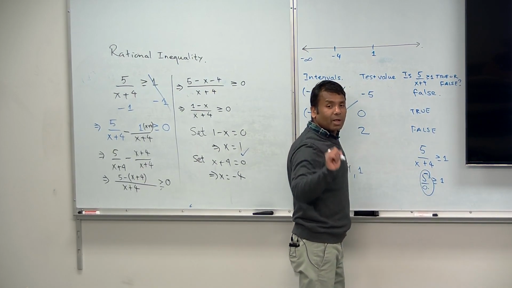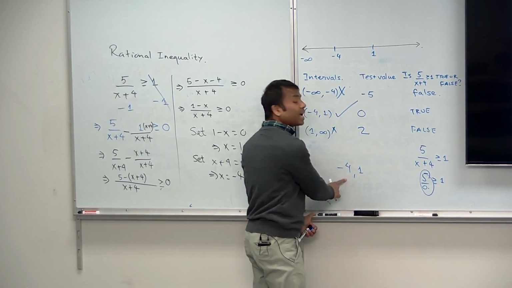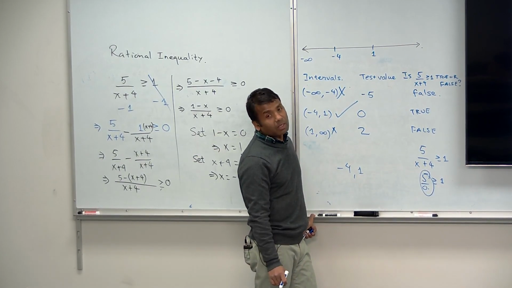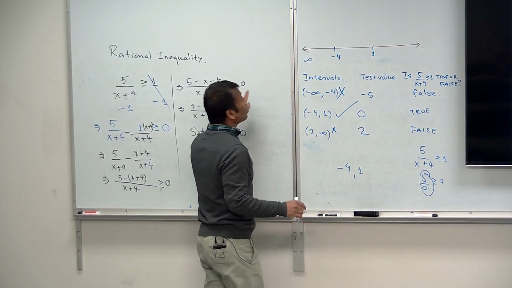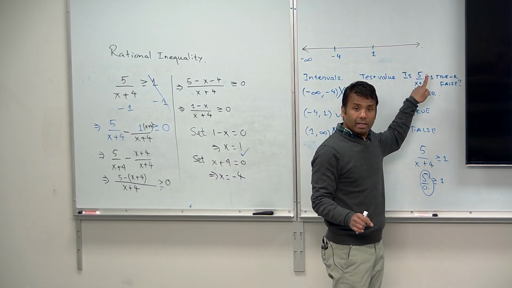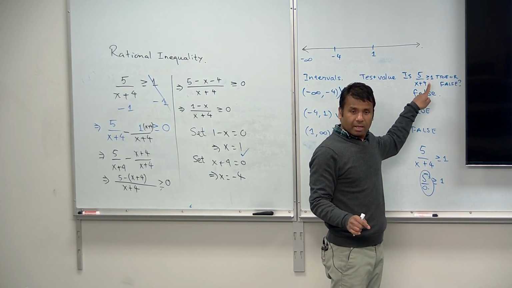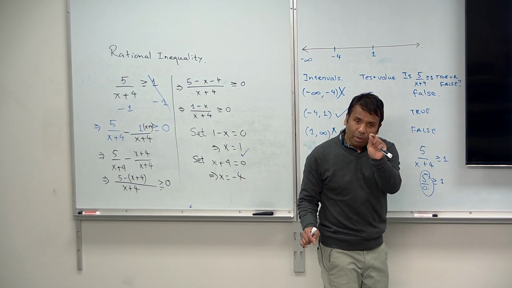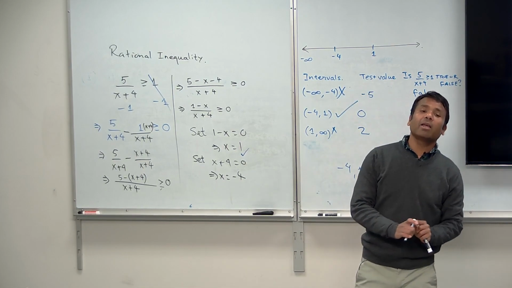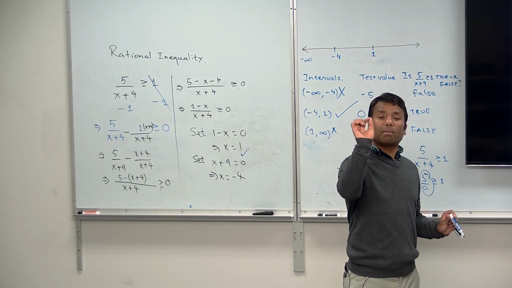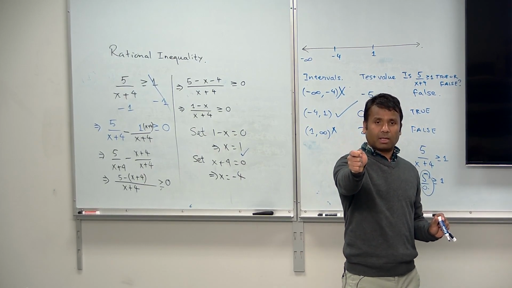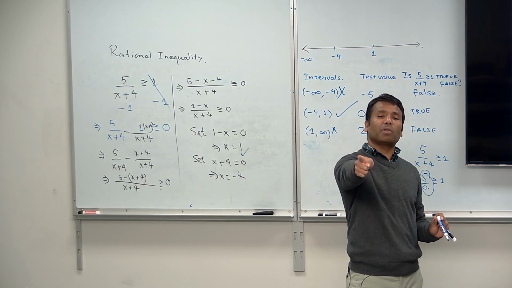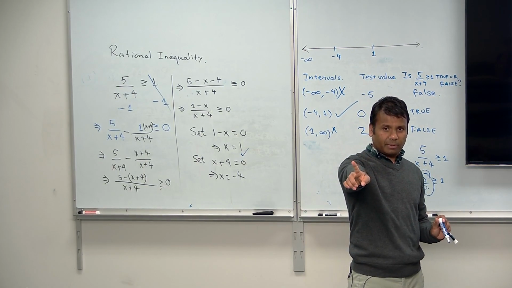So that's why you have to exclude negative 4 from the solution set. However, this is a non-strict inequality, but this is a rational inequality. You have to find the values of x that make the denominator 0, and you have to exclude that value of x from the solution set. Are you guys with me?